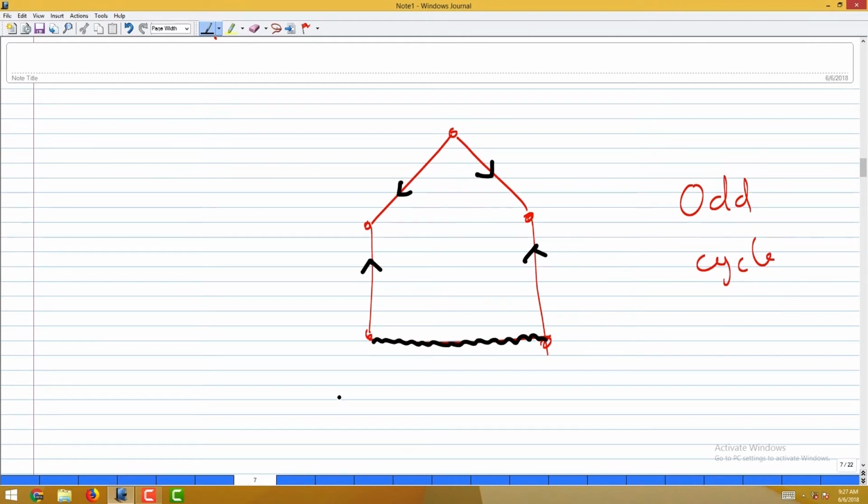Which direction is valid? If I give this direction, then this edge will be required, but that is not there. But if I had given the opposite direction, then that edge will be required, and that is also not there. Both are not available, so this cannot be given; that is a conflict.